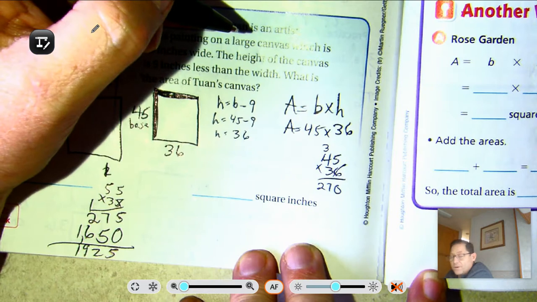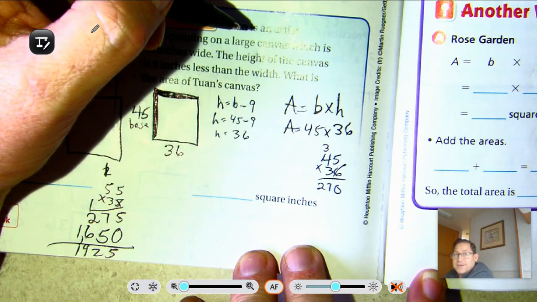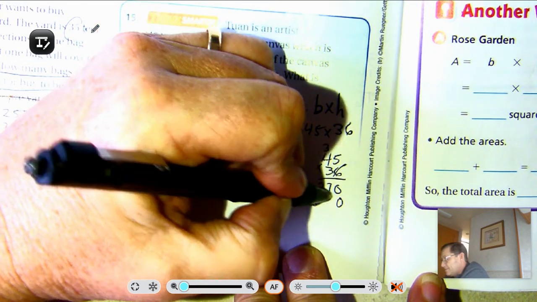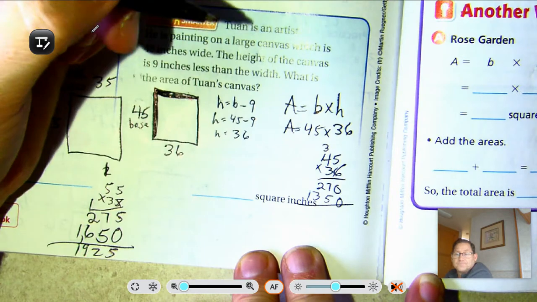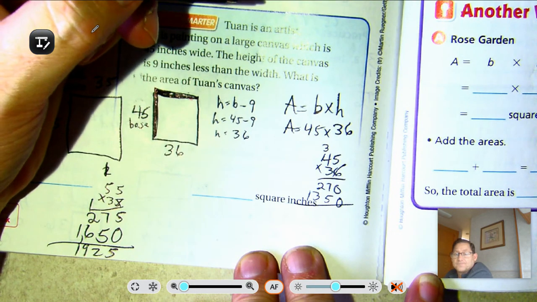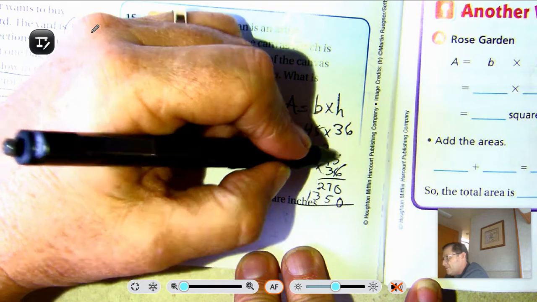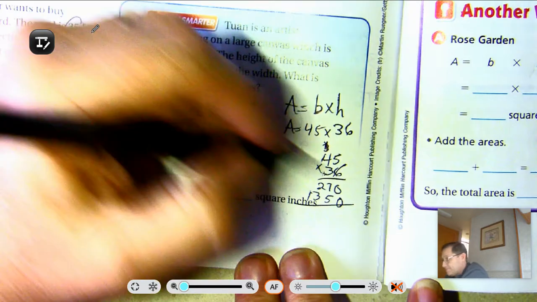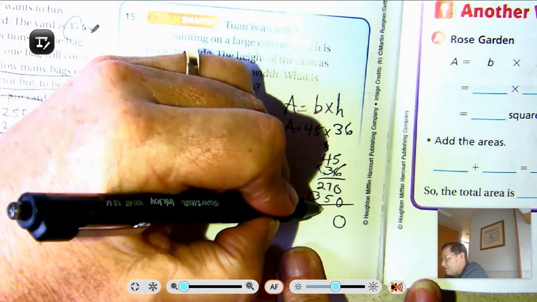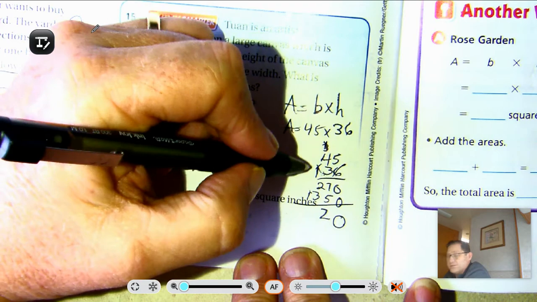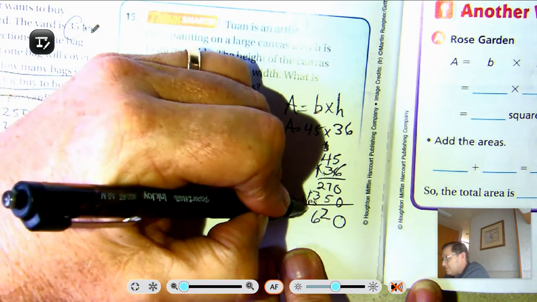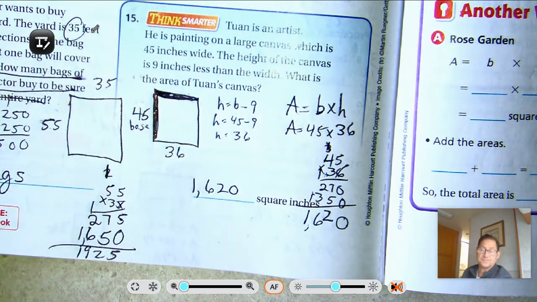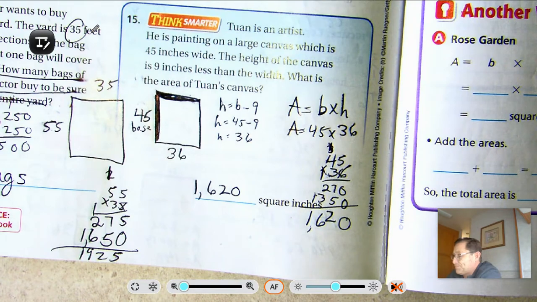Okay, 45 times 30. 3 times 5 is 15. 3 times 4 is 12, plus 1 more is 13. So 1,350. Add that together, we get 0. 7 plus 5 is 12. 3 plus 2 is 5, plus 1 more is 6, plus the 1,000. 1,620 square inches.